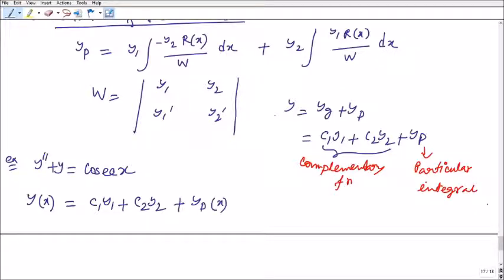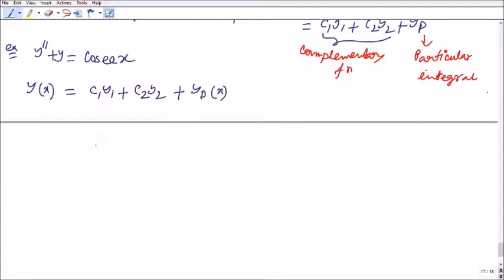So we have to find out y1, y2 and yp, and then take the sum. So we have to add these three functions.